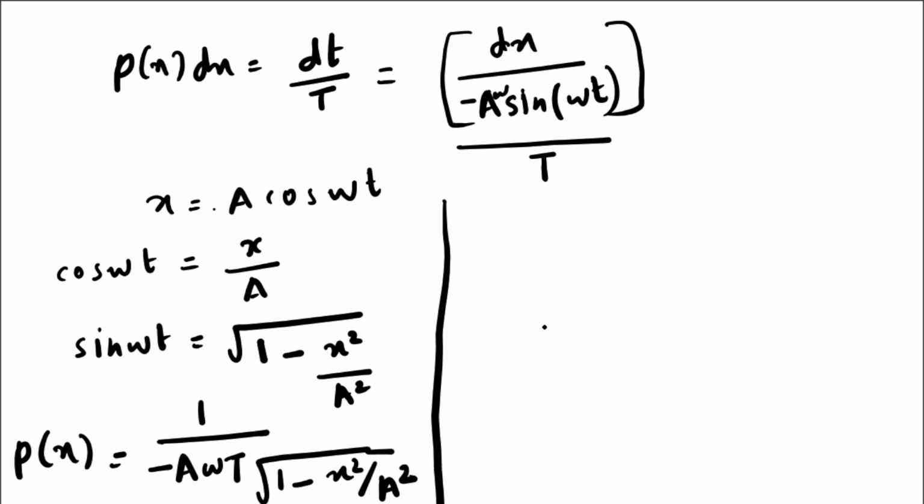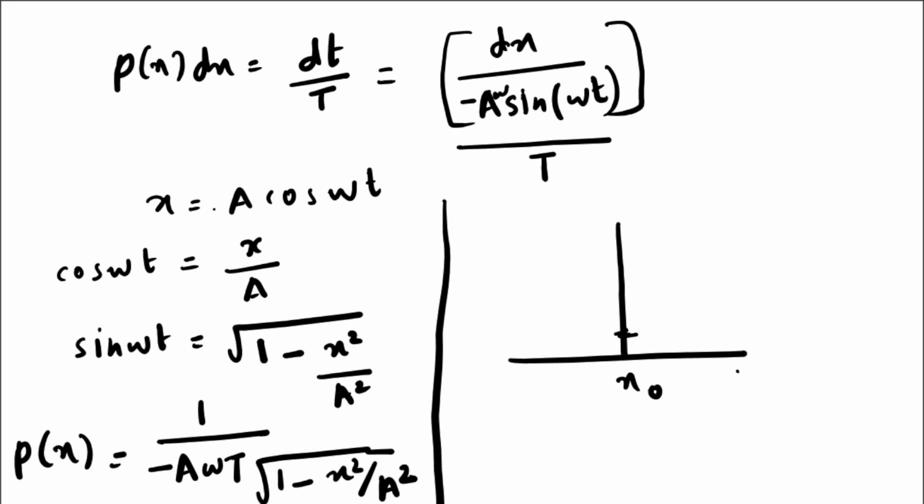Now, if you plot the probability function, it is always like this. At x is equal to 0, if you put x equal to 0 here, you get some finite value.